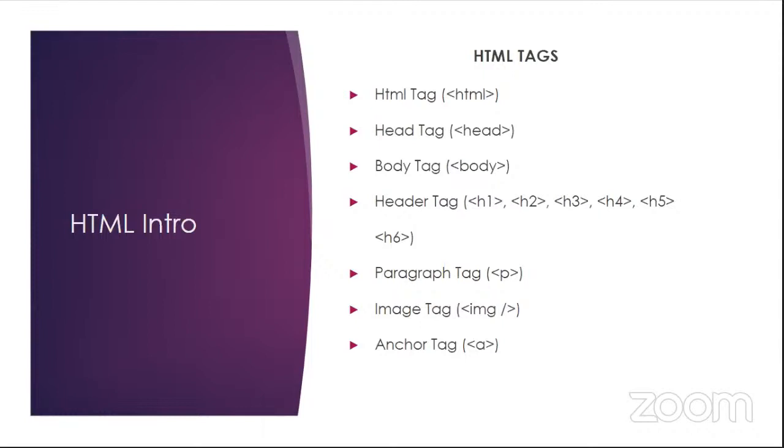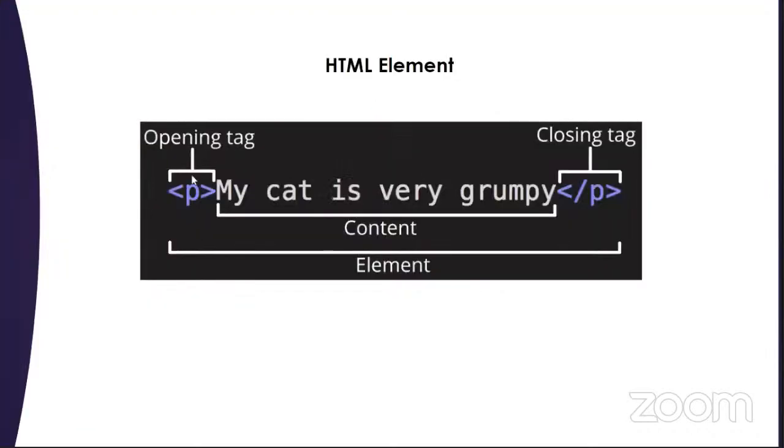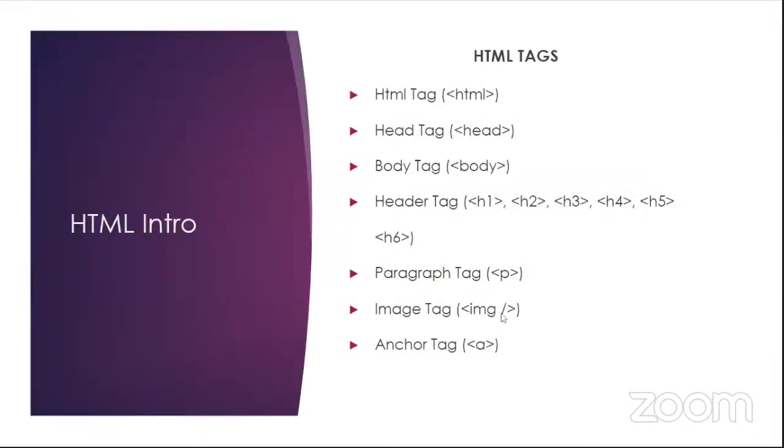Now, if you notice here, unlike the previous tag where we have the opening tag and then the closing tag, the image tag here has a forward slash just before this bracket. That's because the image tag is something we call a self-closing tag.